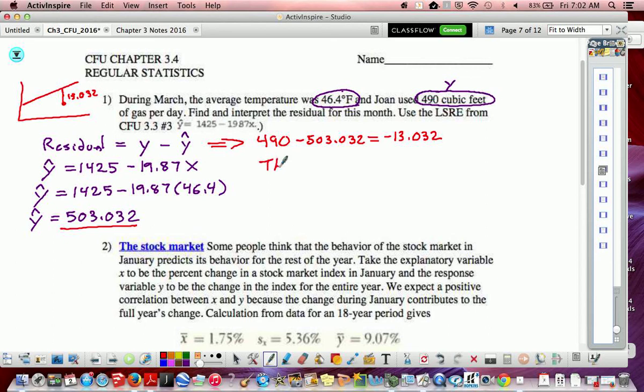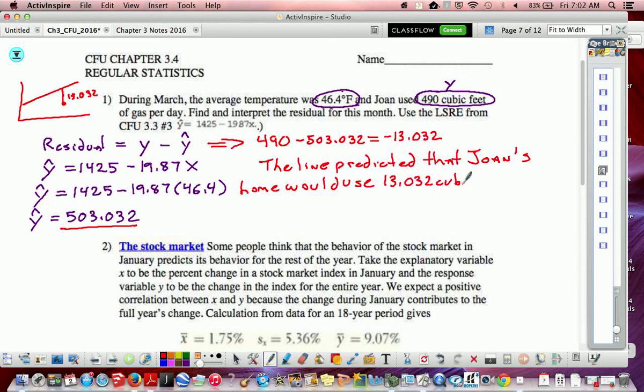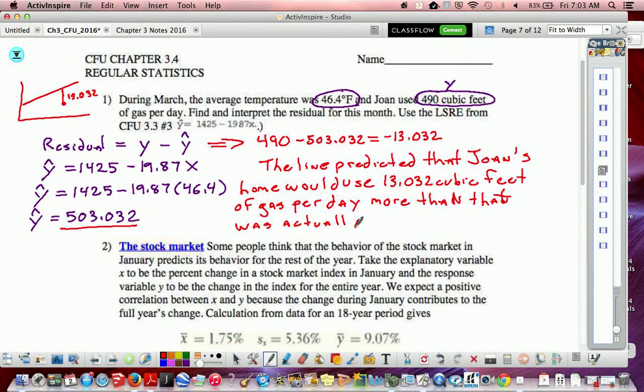I like to always talk about the line. So the line, in this case, predicted that Joan's home would use 13.032 cubic feet of gas per day more than was actually observed.